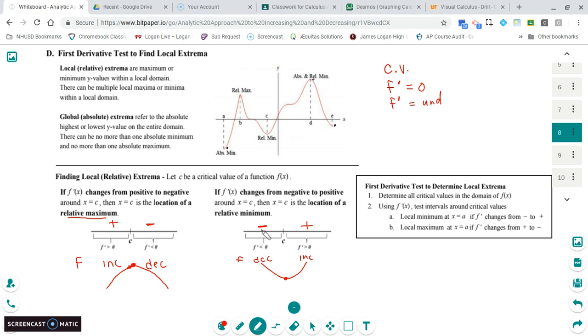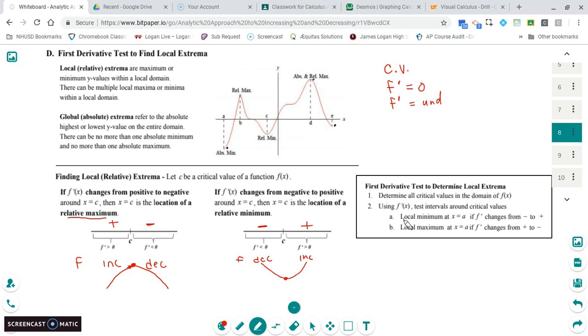All right, so just to sum it all up, our first derivative test involves these steps. We first determine any critical values in the domain of f of x, where f prime is 0 or undefined. Step 2, we use the first derivative to test intervals around the critical values.